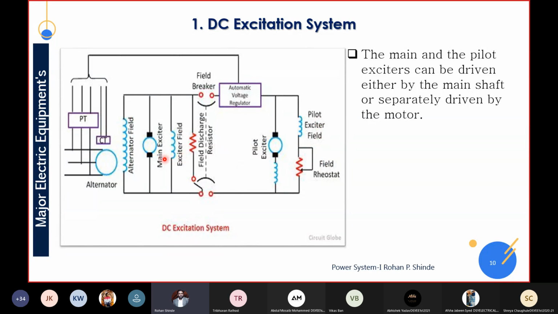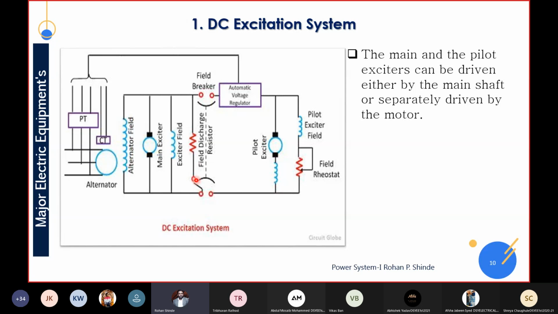Similar way, see here, in the field exciter, field discharge resistor, I have already told you about the field discharge resistor, is there because this field exciter winding is a highly inductive winding, and it is having some stored energy, and this stored energy has to dissipate across this field resistance.